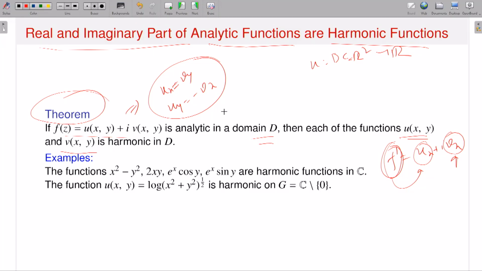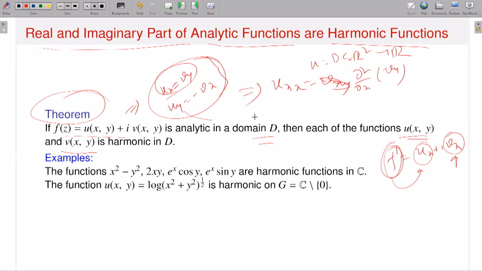That is okay. The only thing remaining to check is whether it will satisfy the Laplace equation or not, and that is also okay. Why? Because analyticity implies not only that the partial derivatives of u and v exist of all orders, but also that they satisfy the Cauchy-Riemann equations. If I have this, then look, if I take the partial derivative with respect to the x variable once again, then uxx should be vyx, that is del over del x of vy.